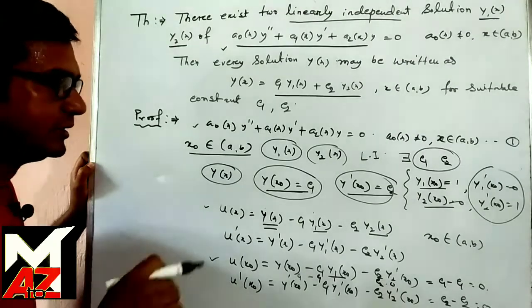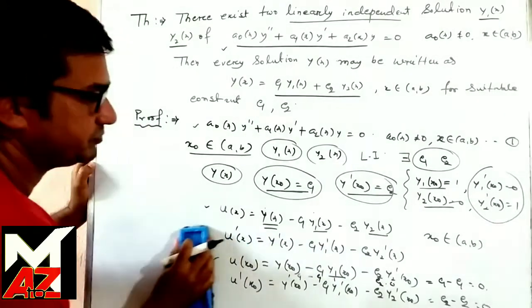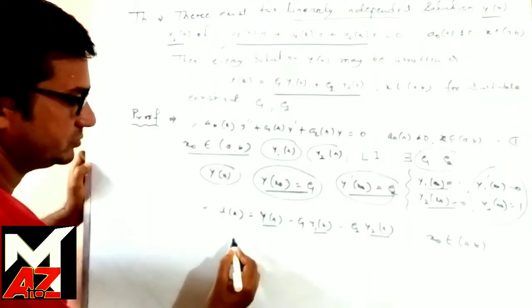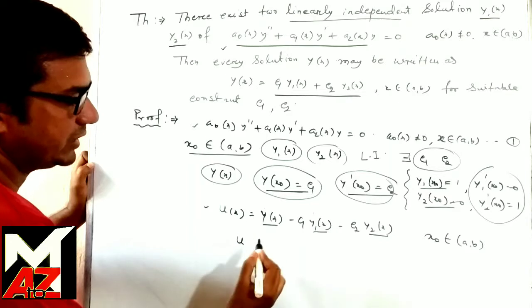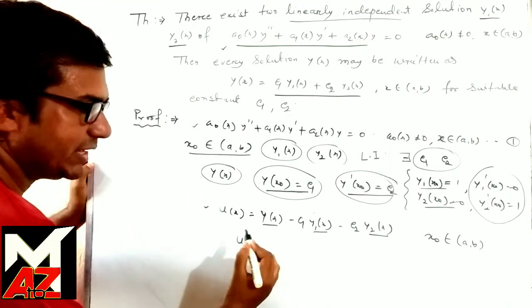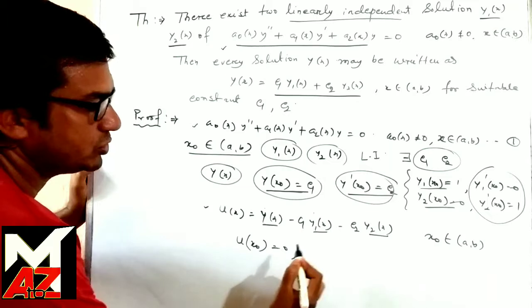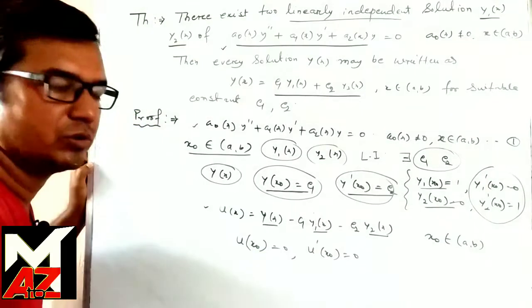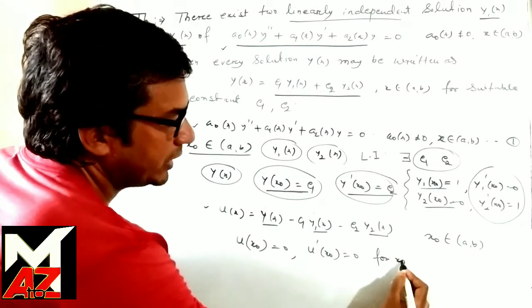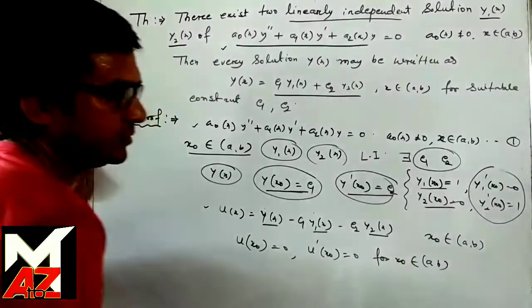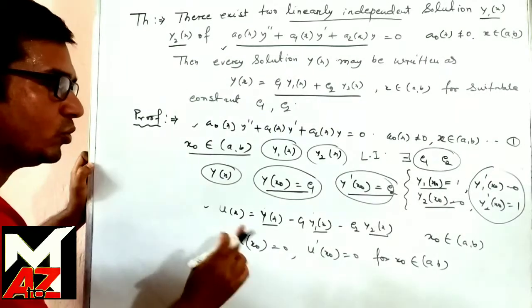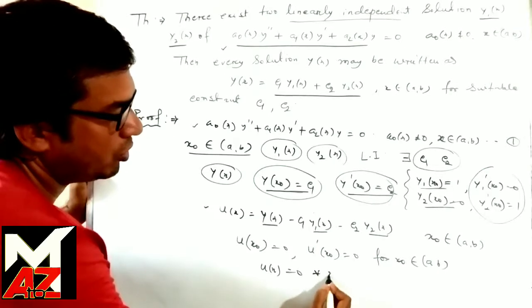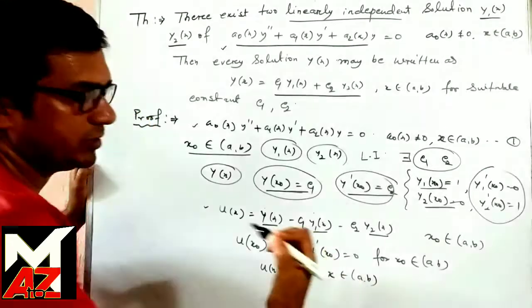Right? So we get u of x0 equal to 0 and u dash x0 equal to 0 for x0 belongs to AB. So we must say that u of x equal to 0 for all x belongs to AB.